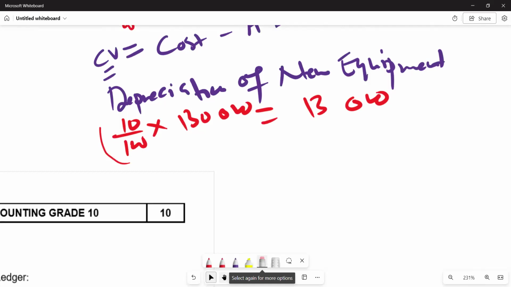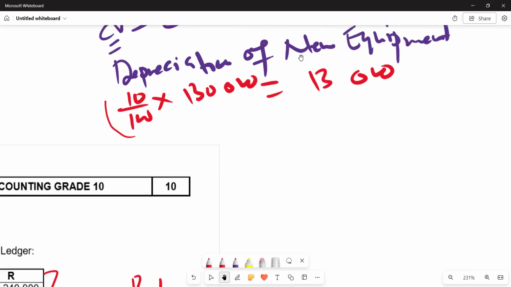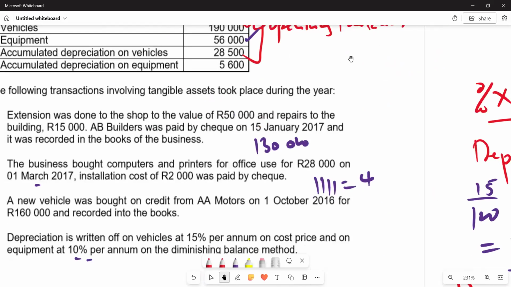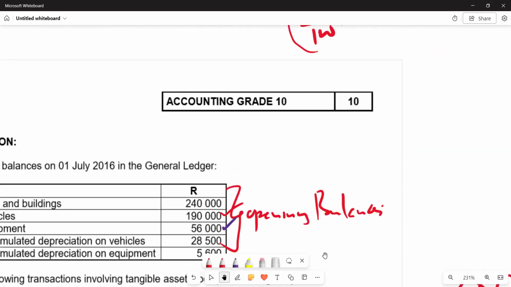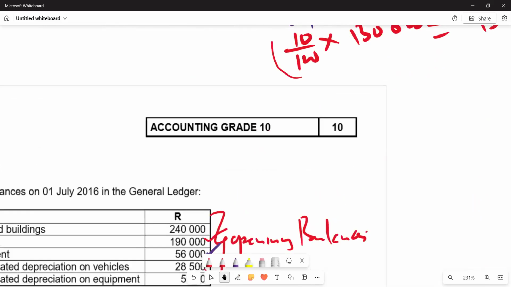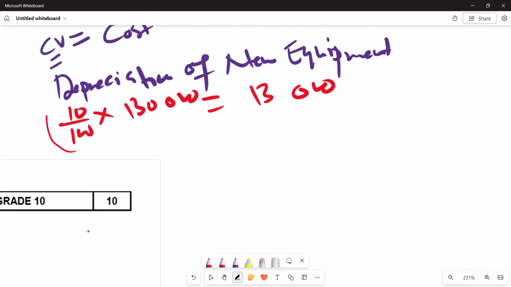So we need the proportionate figure for the number of months that the new equipment stayed in the business. The new equipment was bought on 1 March, then we counted March, April, May, June, and there were 4 months. So we make a proportionate calculation of 4 months, times 4 over 12.